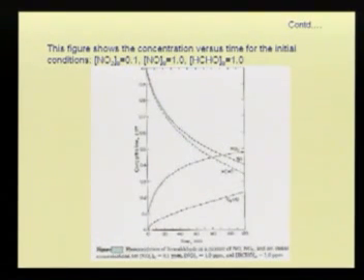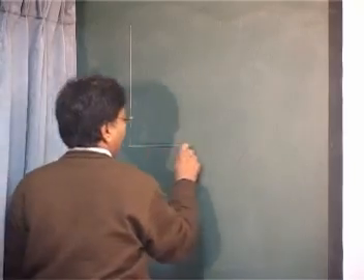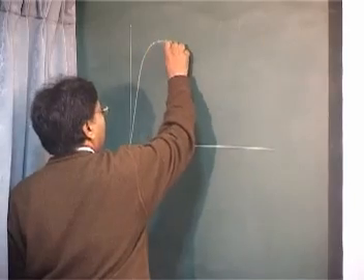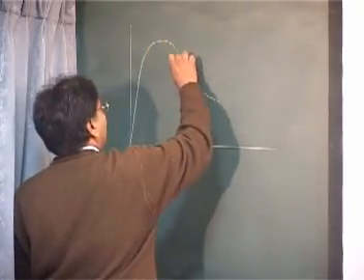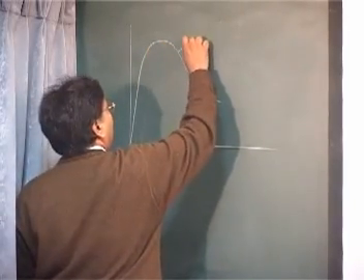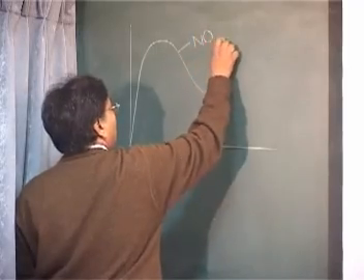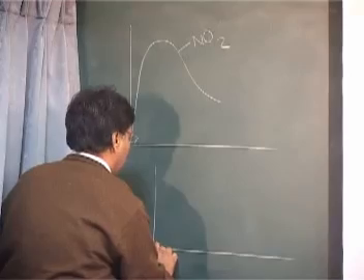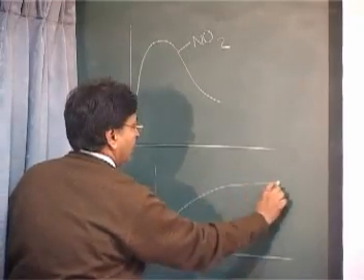See here NO2 is going up. I have more NO. When NO was high, this was NO2, and then it started decreasing. This is NO2. I increase more of NO, so then it is still increasing.